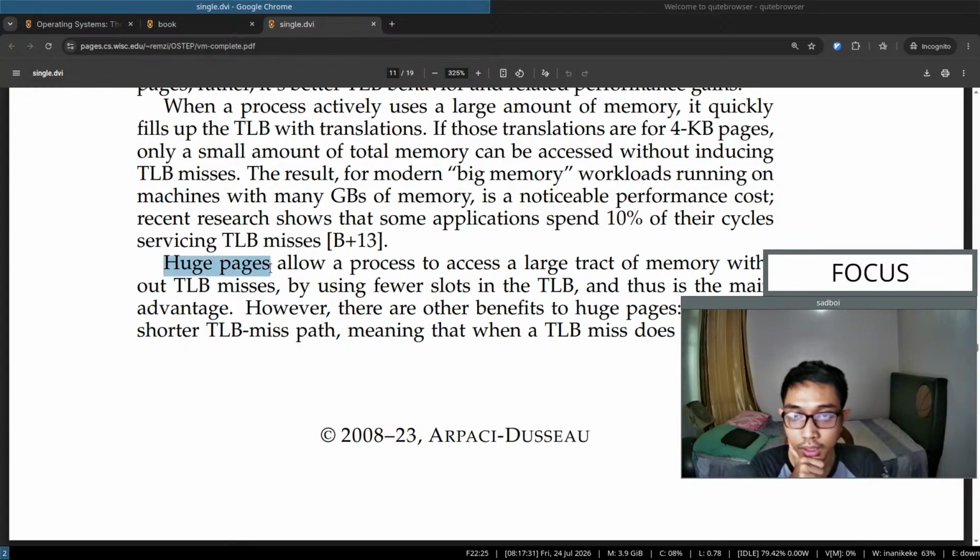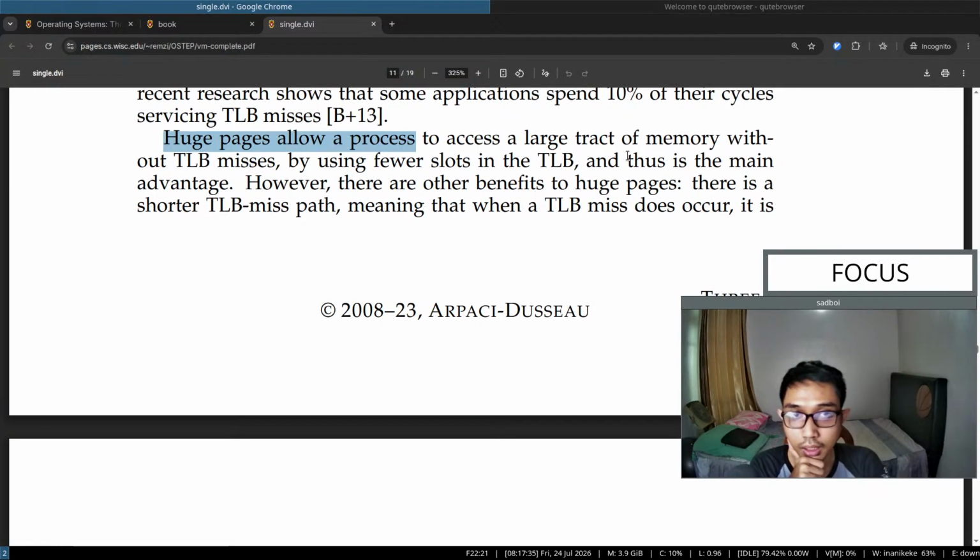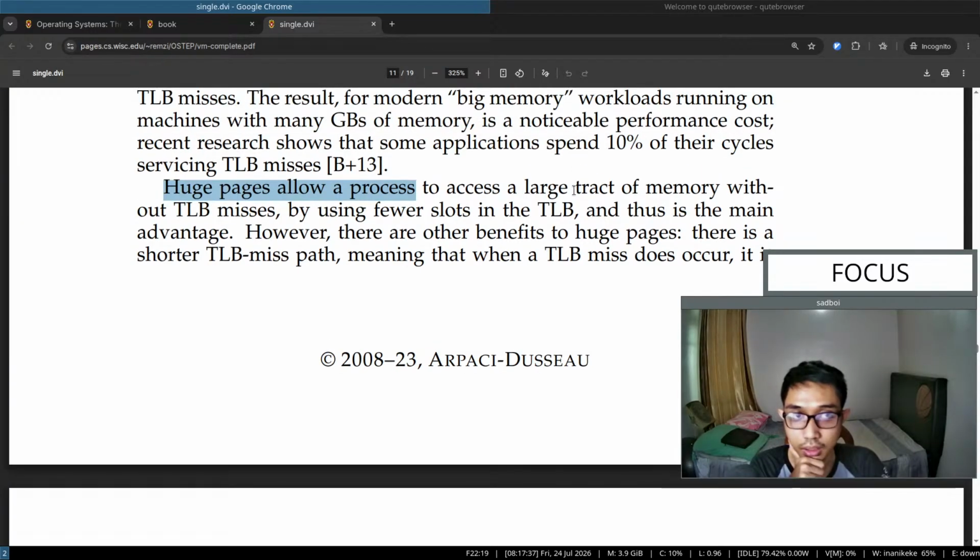Huge pages allow a process to access a large tract of memory without translation lookaside buffer misses by using fewer slots in the translation lookaside buffer, and this is the main advantage.